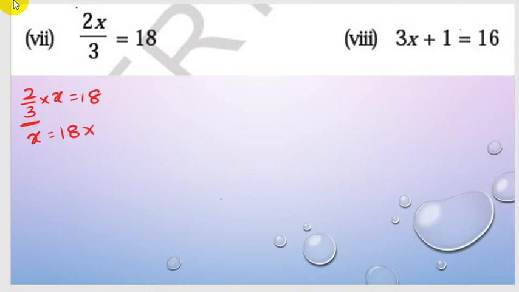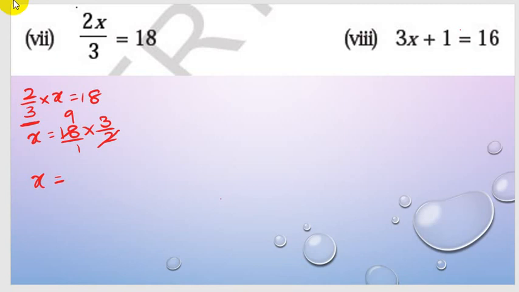Just now we have discussed, 18 into 3 by 2, that is nothing but getting reciprocated. So from this, x is equal to, this 2 in 18 I can cancel 9 times. The cancellation is possible for the terms which are present in numerators and denominators, right?